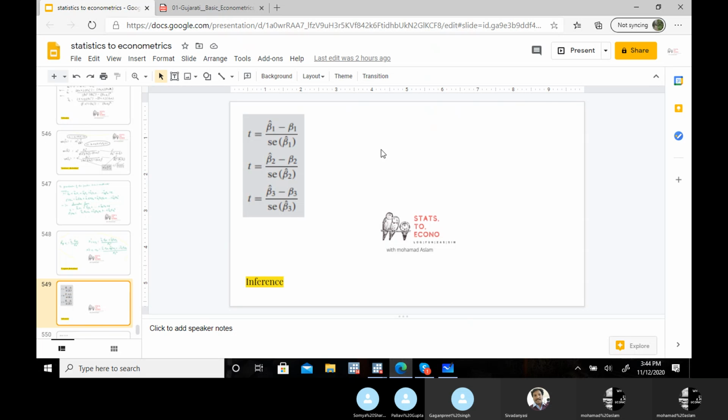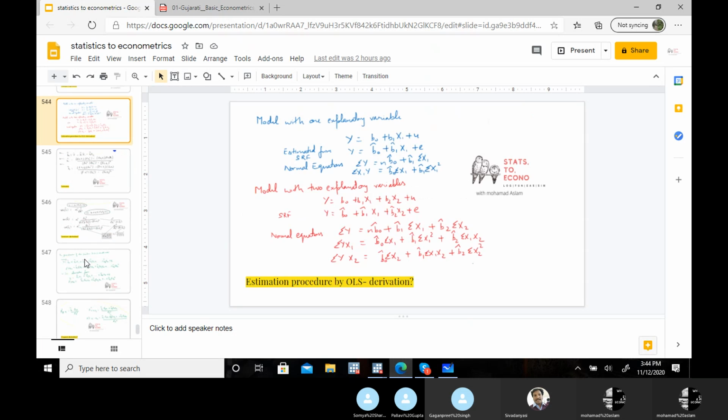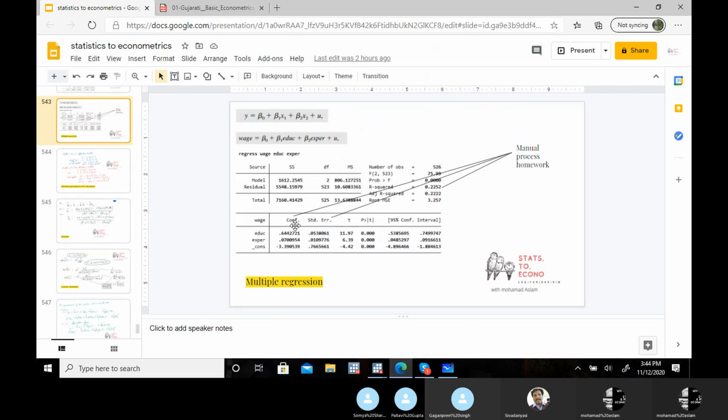And if we reject null hypothesis, it means it is statistically significant. So you have to put here 0 value for all the population parameters, calculated value from your regression results for beta 0, beta 1, beta 2, and standard error we already calculated from the variance, right? So now you have done with these three values: coefficient, standard error, and T statistics.